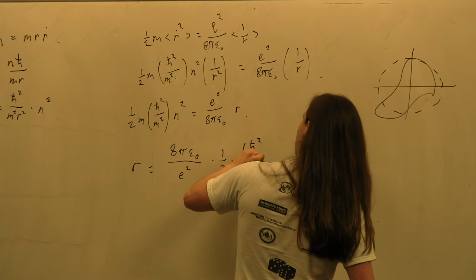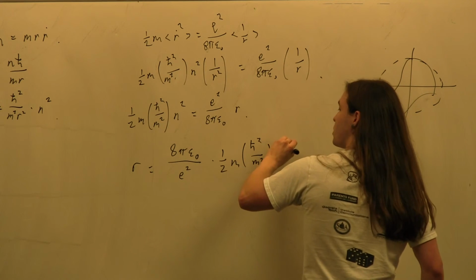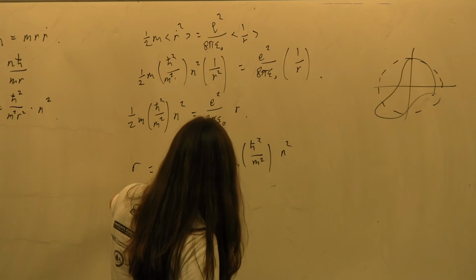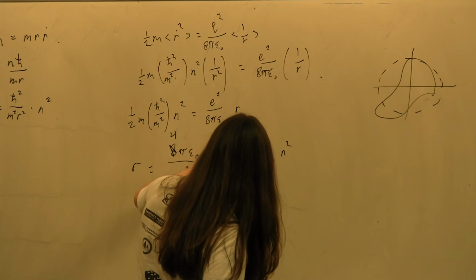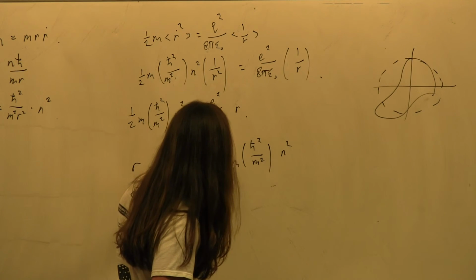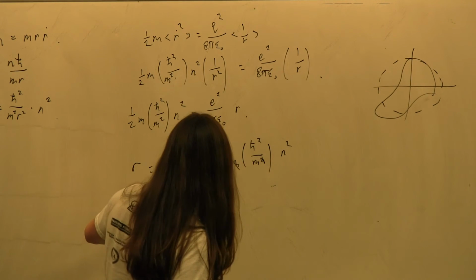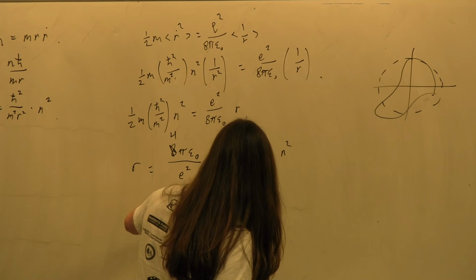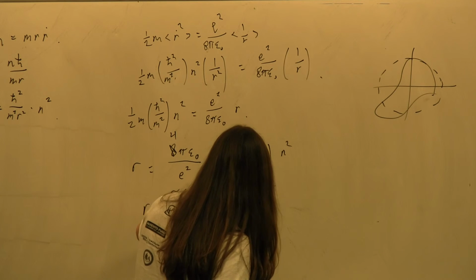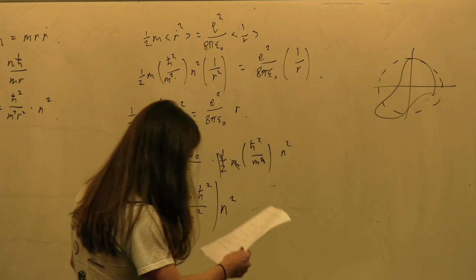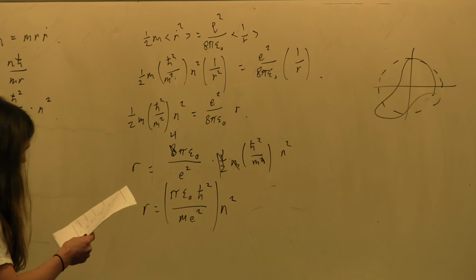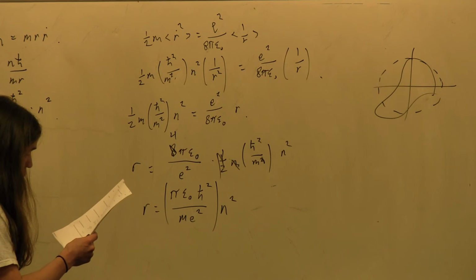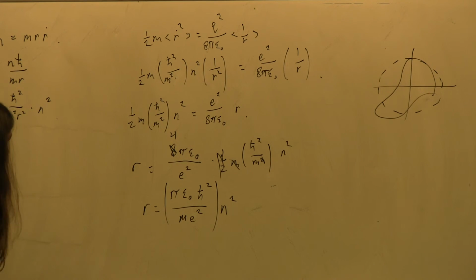I'm keeping them around because they're very important, you'll see. You can cancel some of these things out, so that will turn into a 4. That dies. This m dies with that one. So you've got pi epsilon naught h bar squared over m e squared n squared. Just to make sure I've got all of this correct. Yes, good. Excellent.